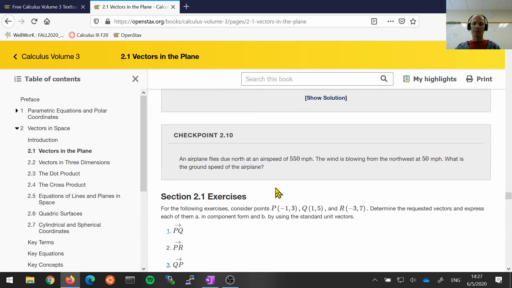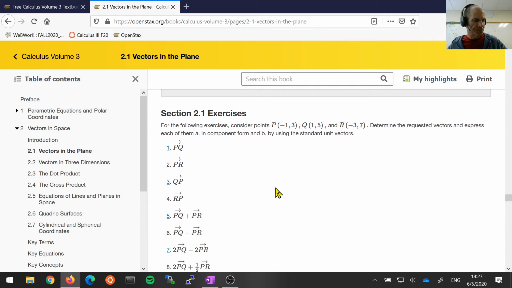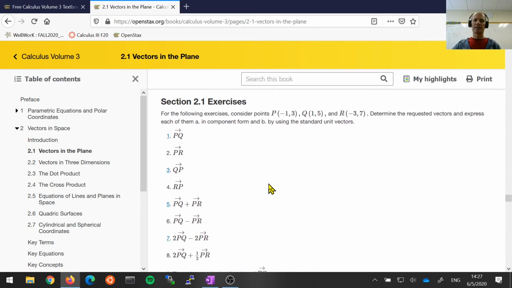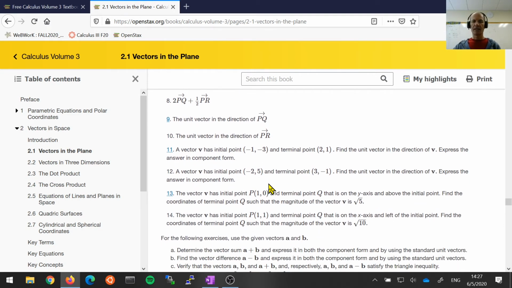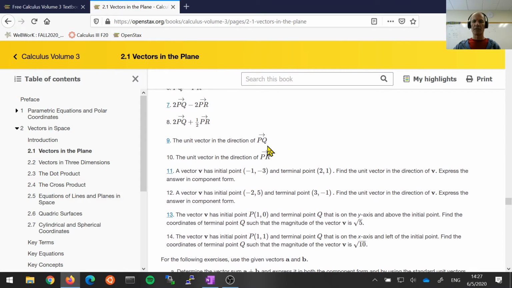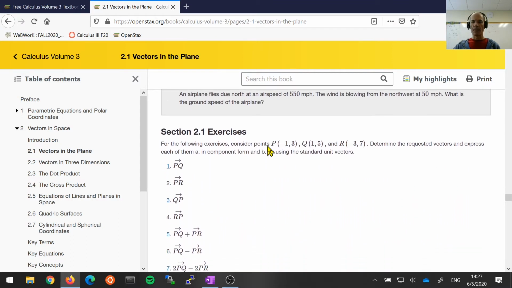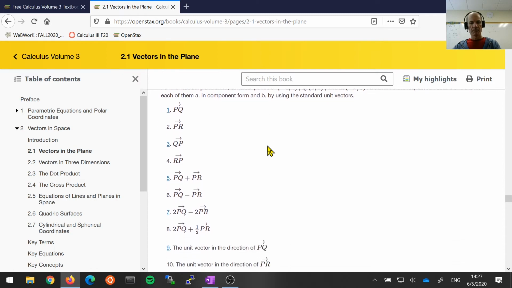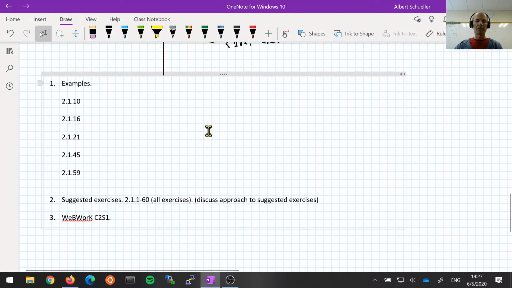Okay, let's get into some of the exercises here. I want to talk about exercise 10. Let's find the unit vector in the direction PR. Let's go back over to the notes here and make some space.